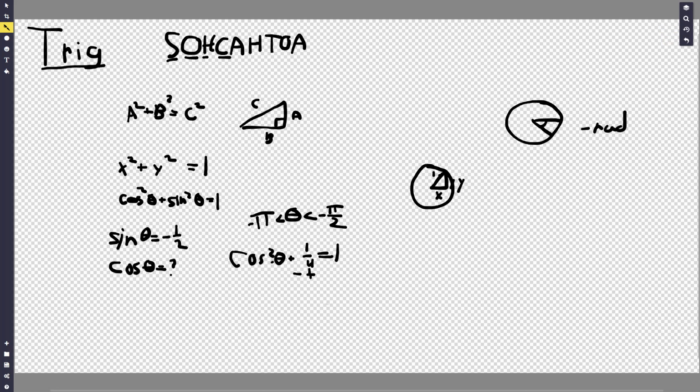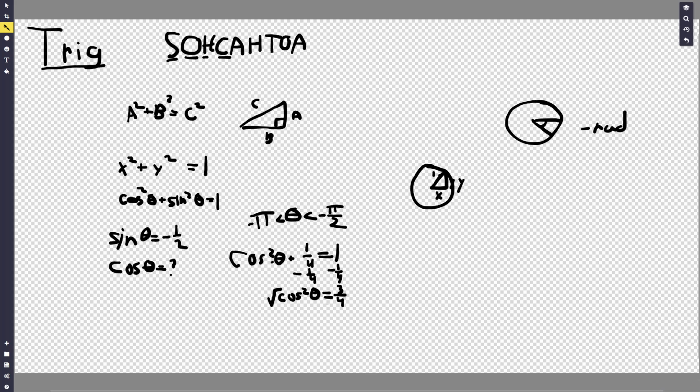So we can subtract 1/4, and we get cosine squared of theta is equal to 3/4.